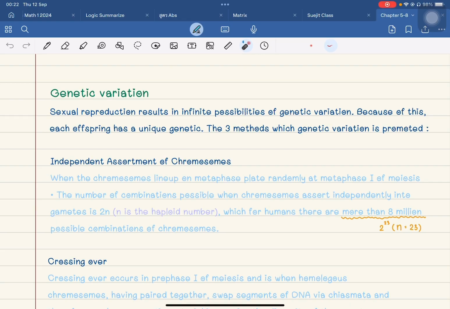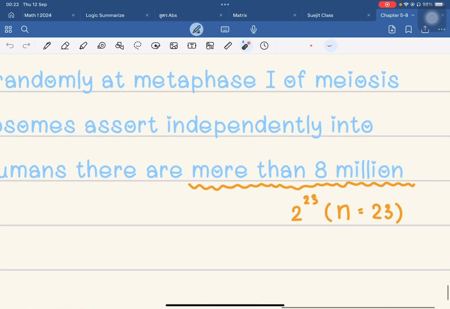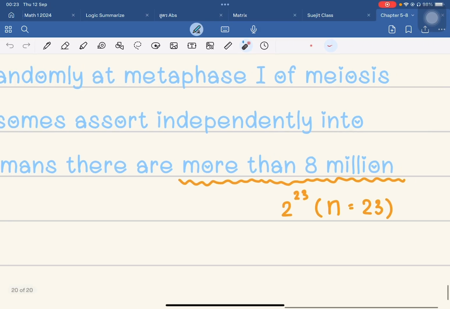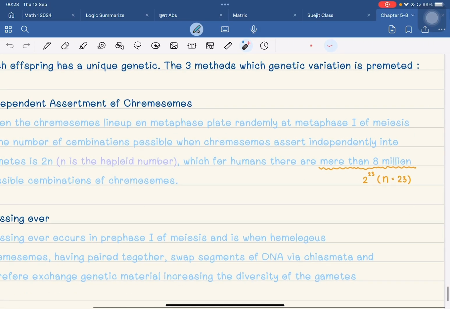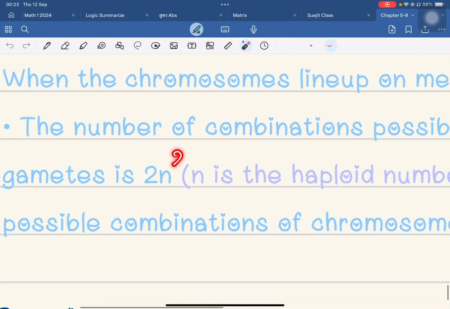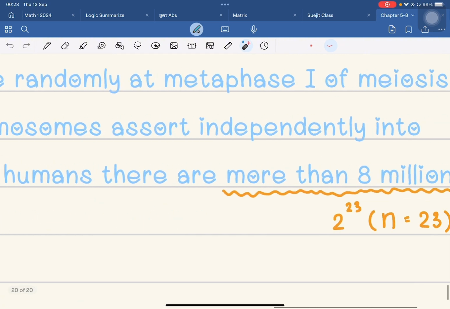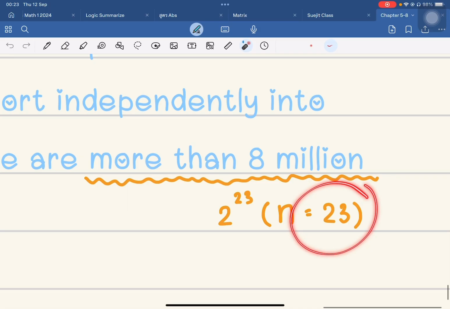So here it is 2^n, right? And n for humans is 23.